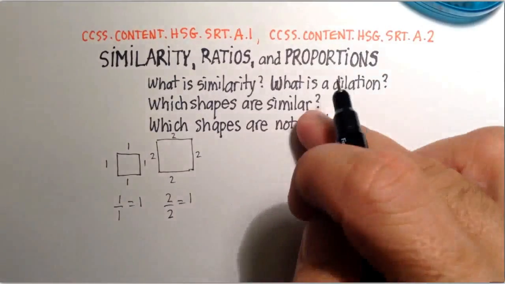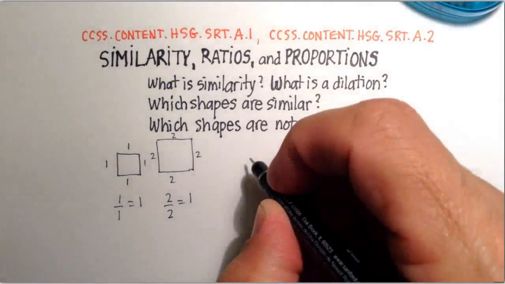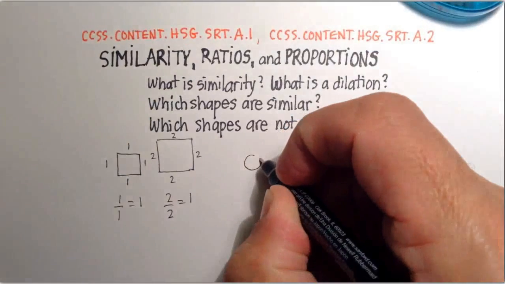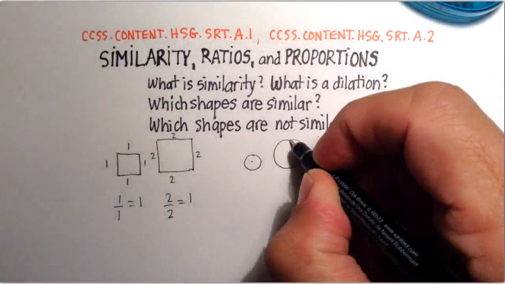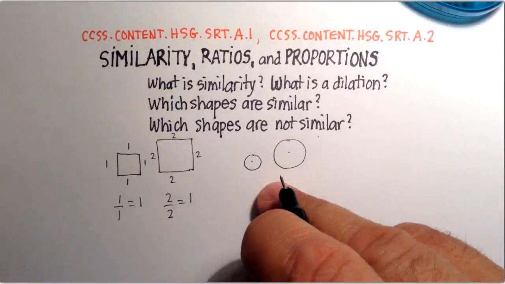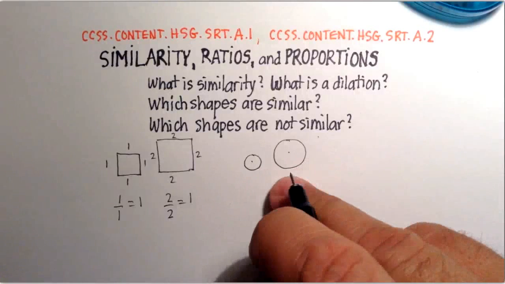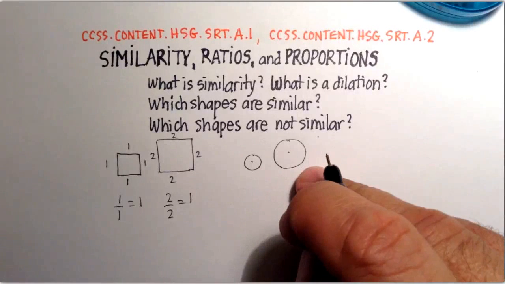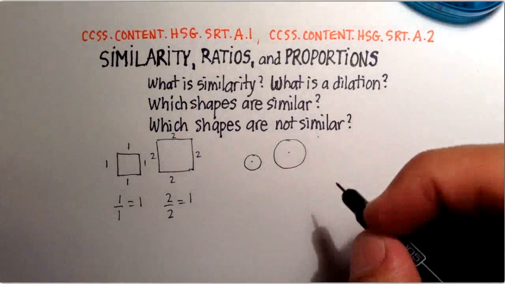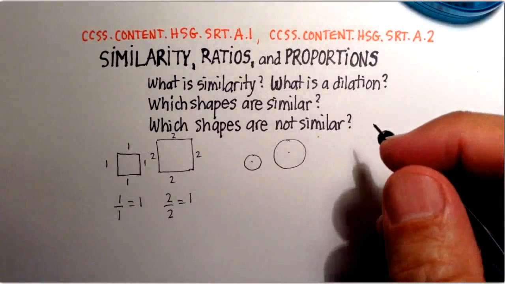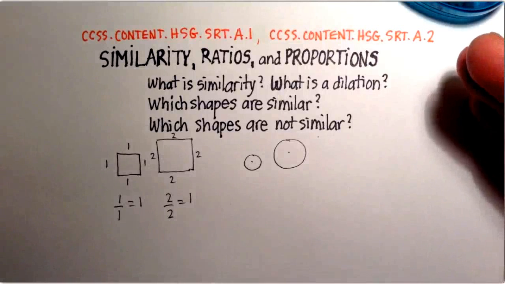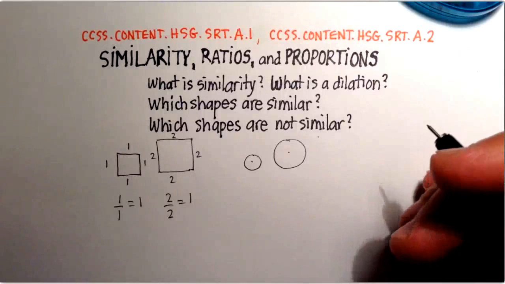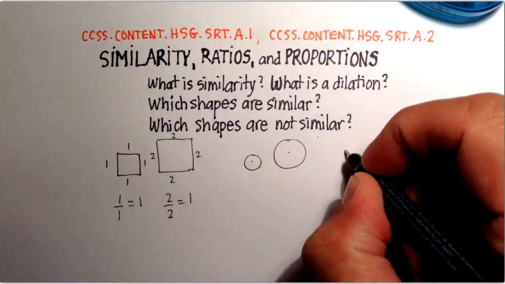Now, what are some of the other shapes that are similar? A circle, for example, and then a larger circle. Those are both similar because, again, the proportions remain the same. Another example of a similar polygon is equilateral triangles.